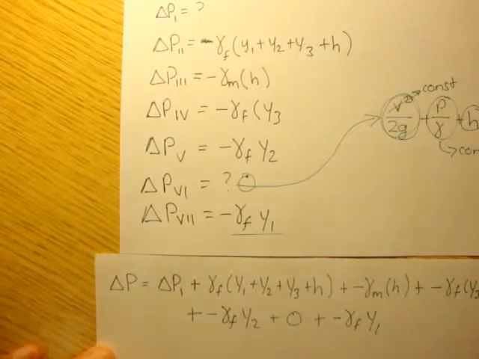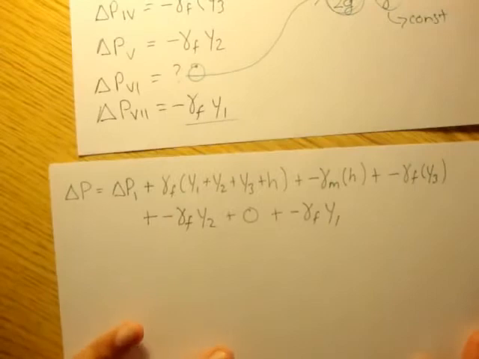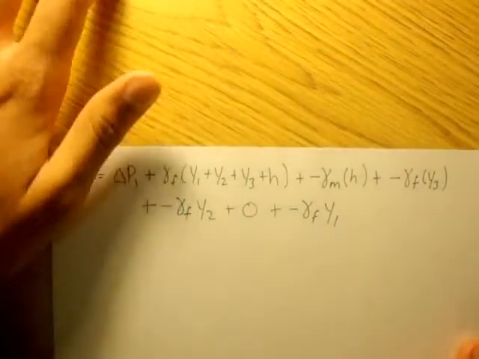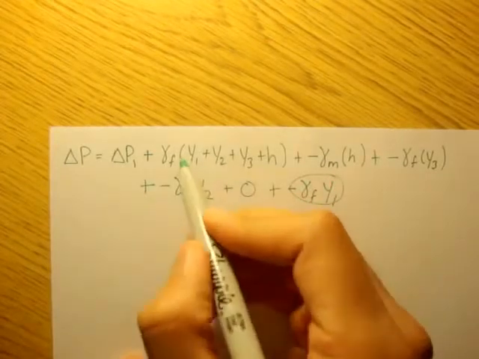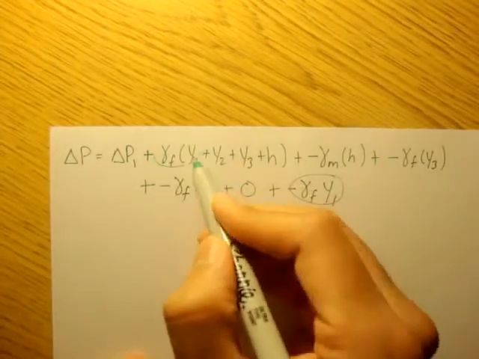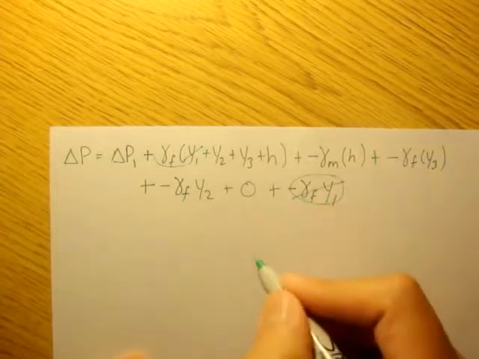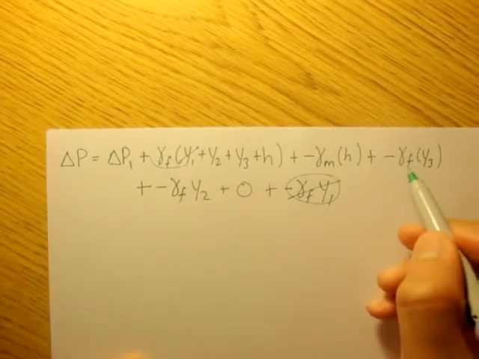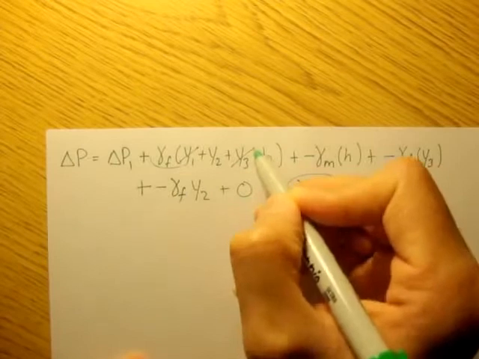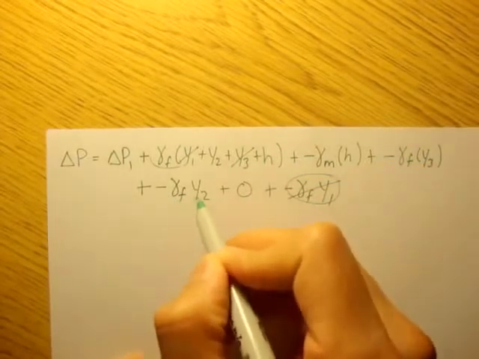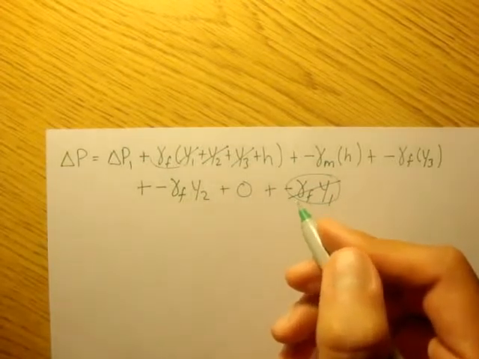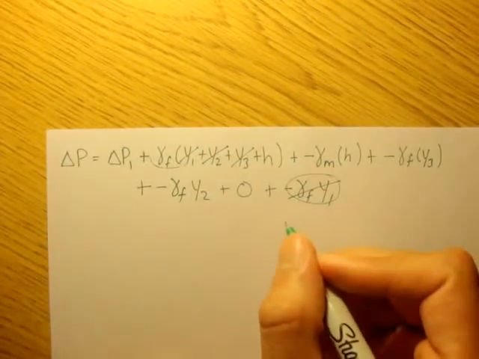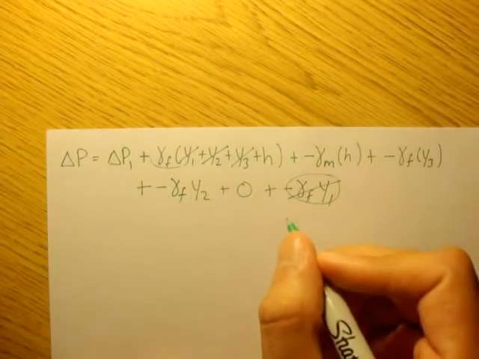And here's where we start canceling things out. So let's cancel a few terms. Look at this, negative gamma F cancels out with this one, right? So this is gone. And then we have gamma sub F of Y sub 3, that's gone. We have a negative gamma sub F of Y2, that's gone. I believe that's it.